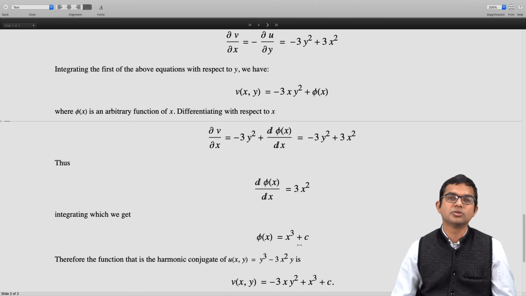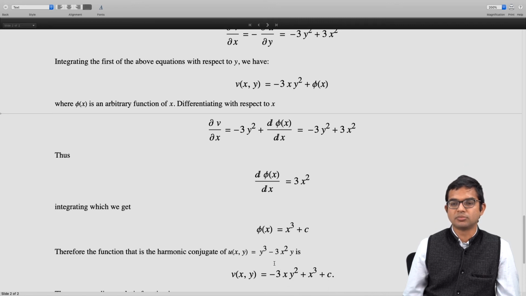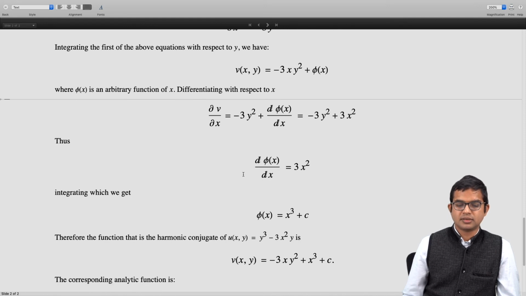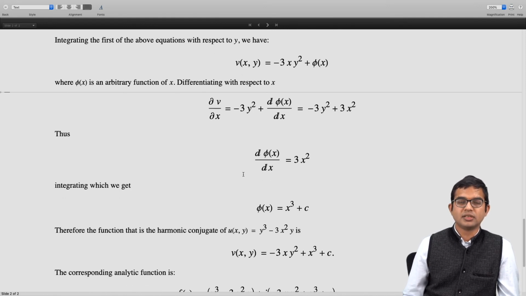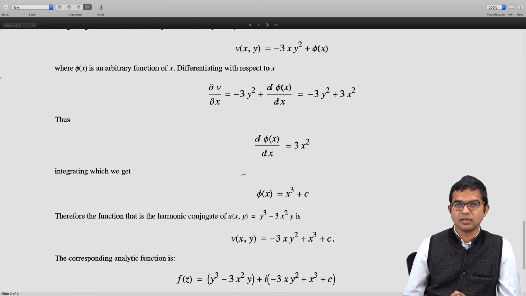In fact, you can show that, given a function, if it has a harmonic conjugate, it's unique up to a constant, right? So you can add some arbitrary constant, but not much else. In this case, the corresponding analytic function itself turns out to be something we can write in a very compact form.